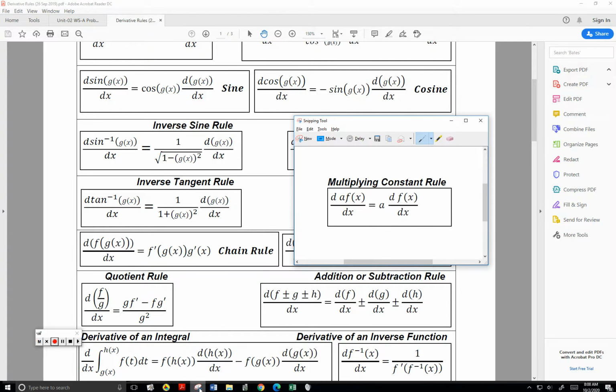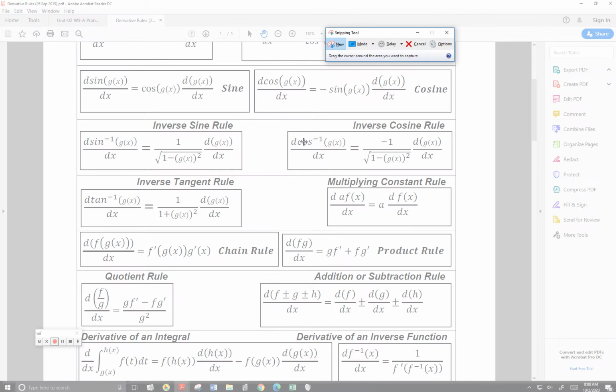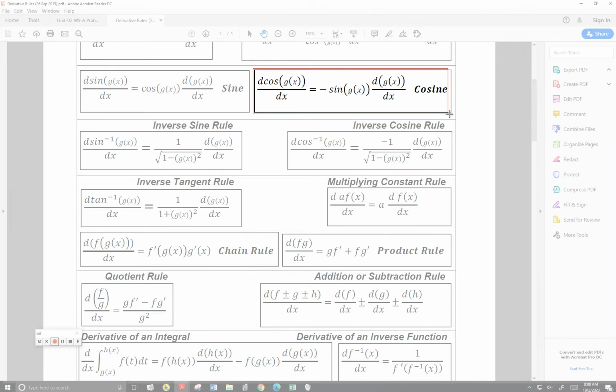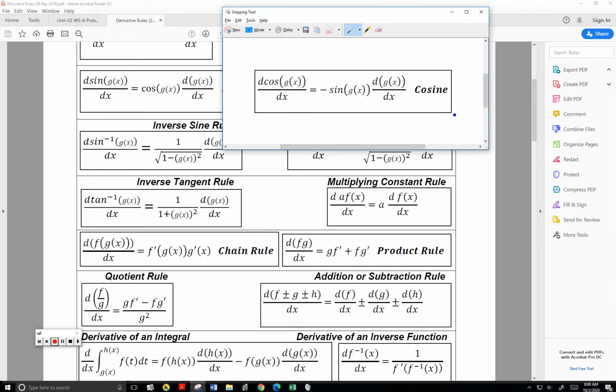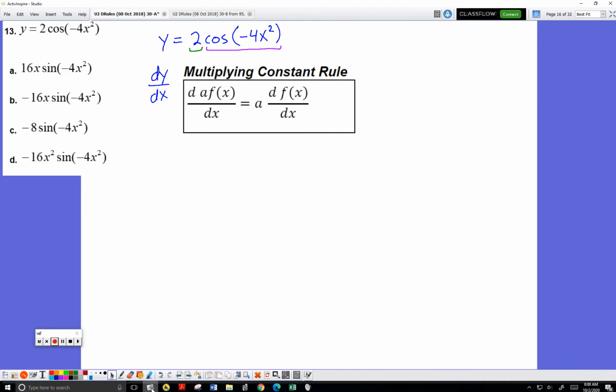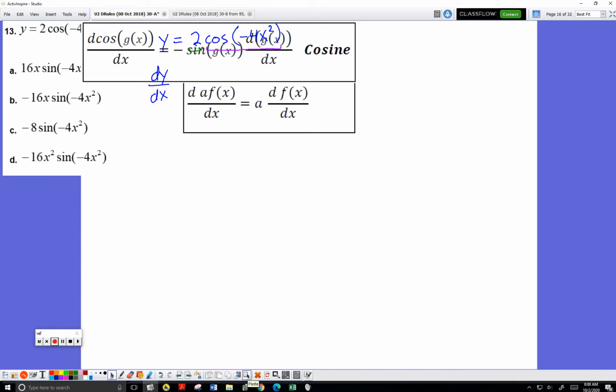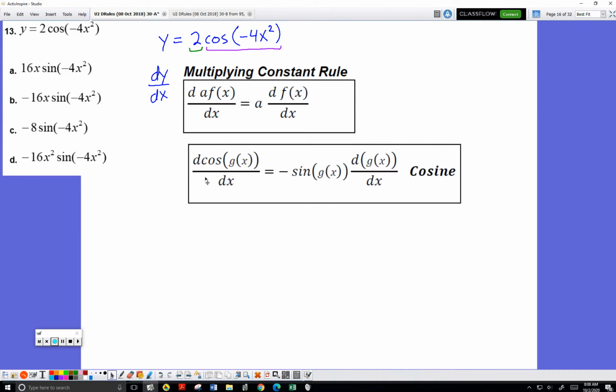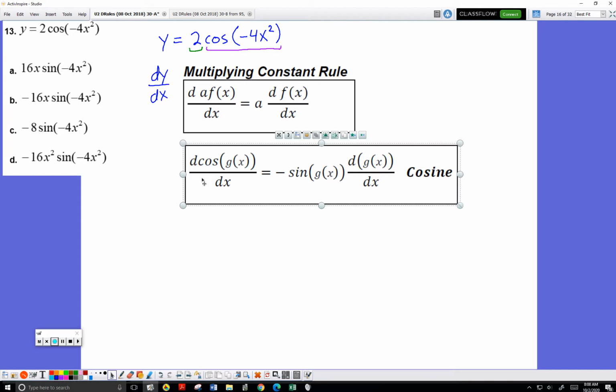For example, if you look at the cosine rule, it simply says d dx of cosine. There's nothing in the rule that would allow for that extra multiplier of 2. And every time I use a rule, it's got to be an exact match. Did that answer your question? Okay, 2 more actually. Anybody else?